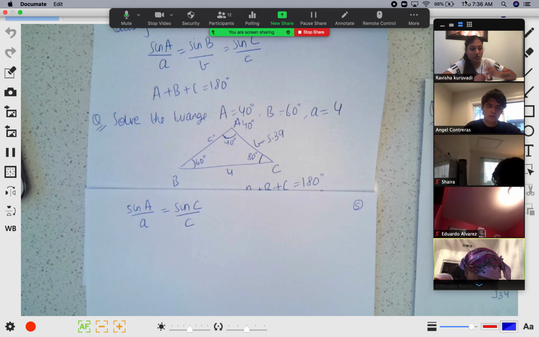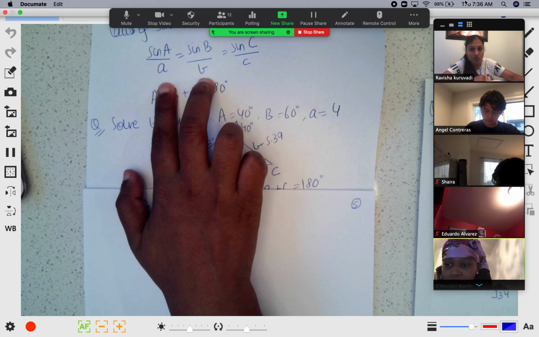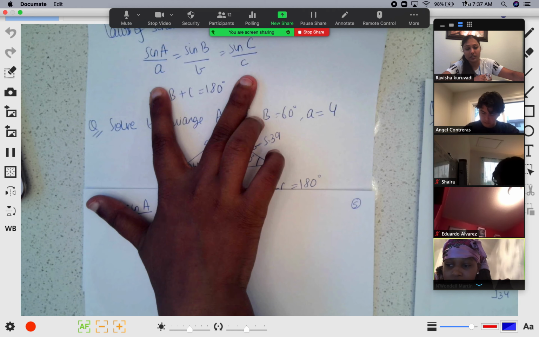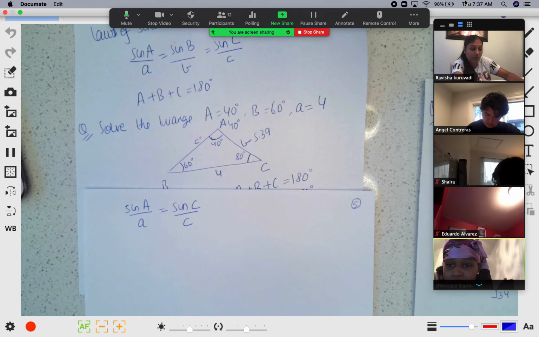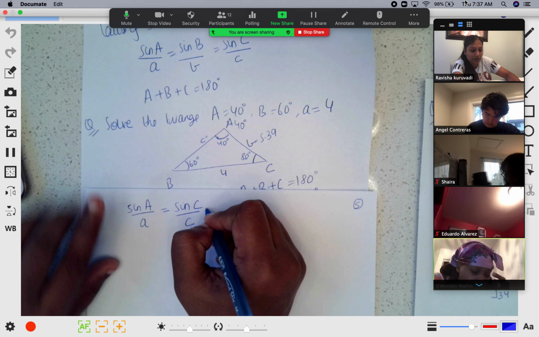You can consider 2 at a time. First I consider these 2 to find the value of B. Then I consider these 2 to find the value of C, because these 2 were already given to me. Now I want to find the value of C, so I isolate C. How do I isolate C? I multiply C on both sides.